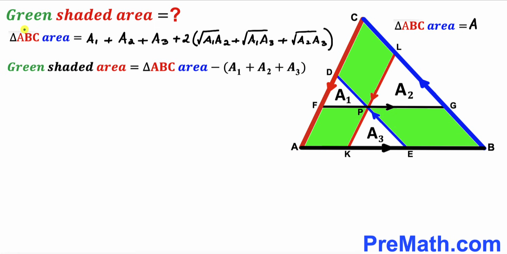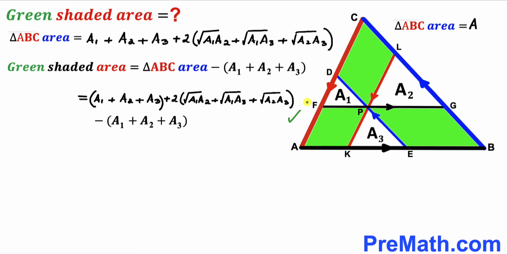And now we know our triangle ABC area is all of this right hand side. So therefore I am going to substitute this whole thing for this triangle ABC area, as you can see in this next step. And here I replace this triangle ABC area over here, and then I copy down this part right up here.